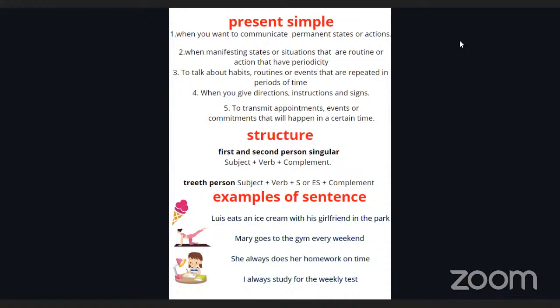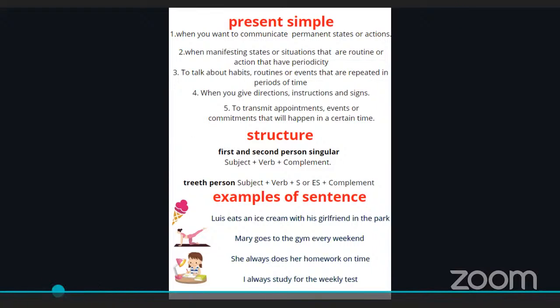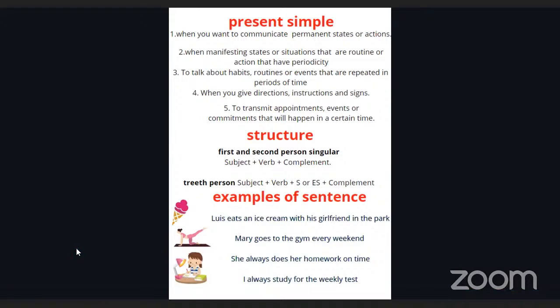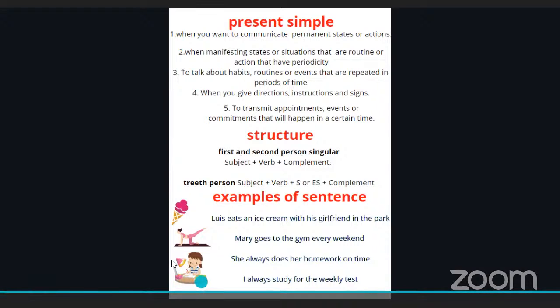And the second example describes an action that happens in a certain period of time. And the third and fourth examples describe a habit. That's all for us. Thank you.